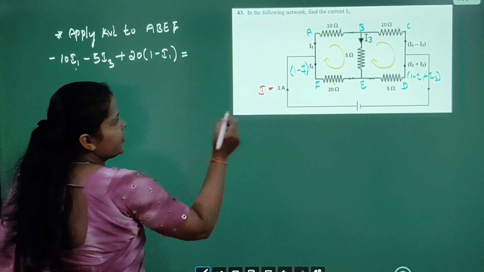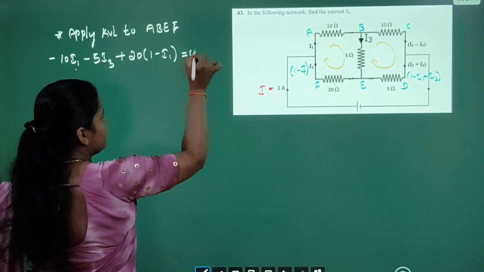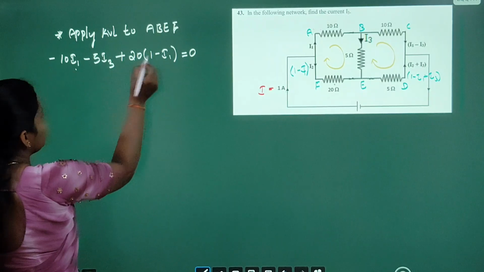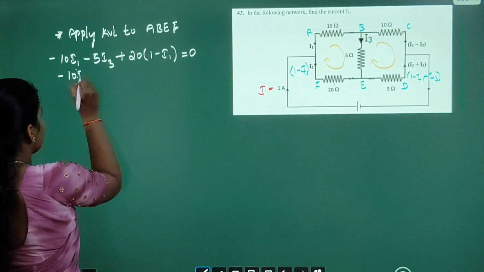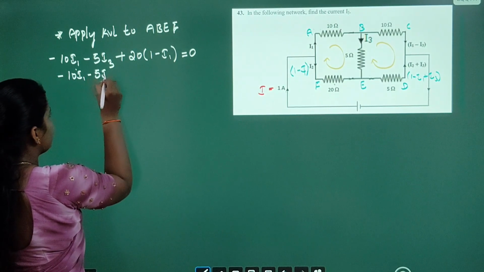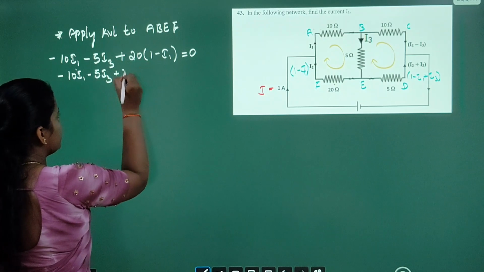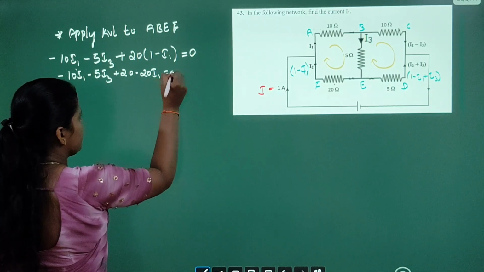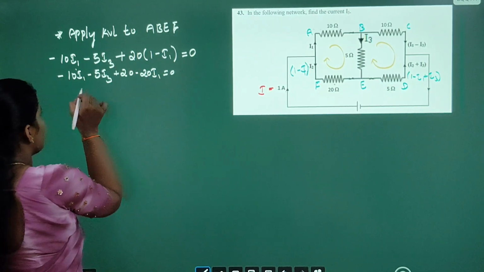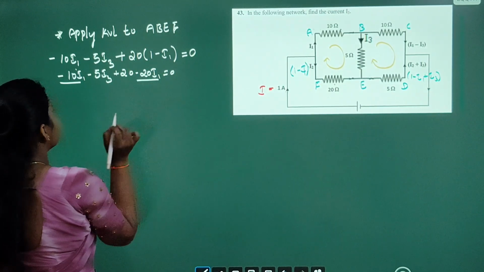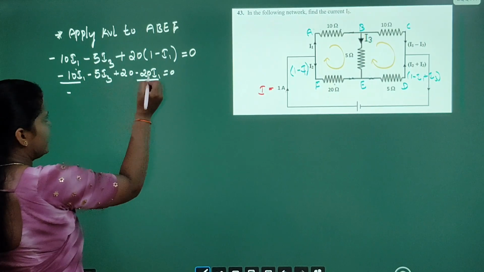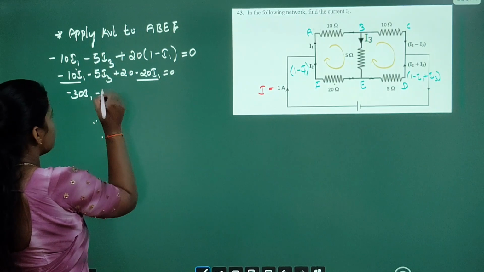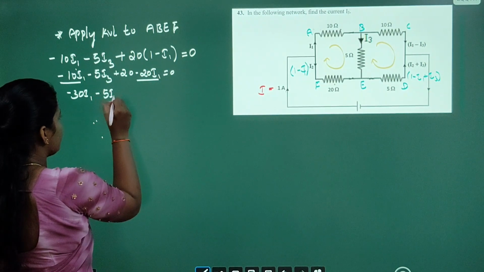Here there is no EMF present in this loop, so the EMF is 0. The next step: 10 minus 10 I1 minus 5 I3 plus, multiplying inside, 20 minus 20 I1 is equal to 0. Take the pure numbers outside and add up the I1 terms first: minus 10 I1 minus 20 I1 is minus 30 I1, minus I3.